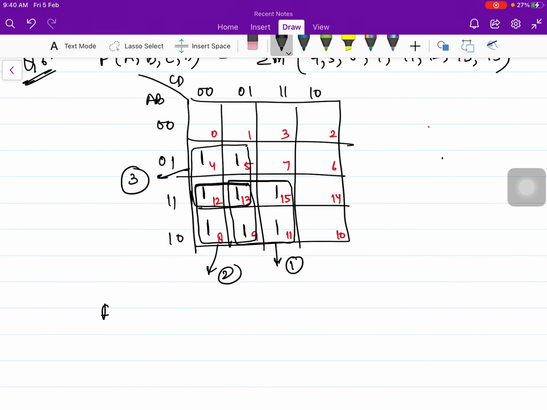For the first group I am writing the answer: from the AB side it is A, and from the column side it is D. For the second group it is again A, and from the column side it is C bar. For the third group it is B, and from the column side it is C bar. So the answer is AD plus AC bar plus BC bar. So this is the answer.